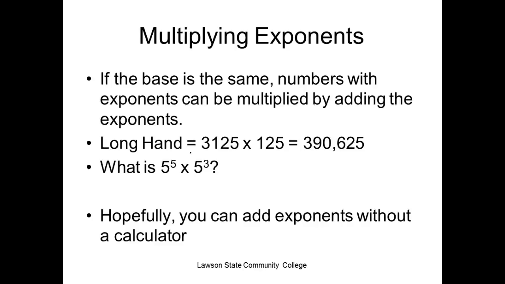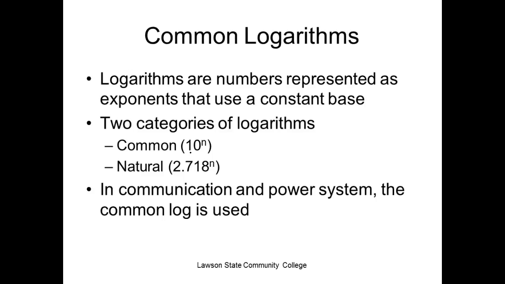And that would give me the same number, right? You understand that? So what's nice about exponents, when I multiply, all I have to do is just add the exponents and then raise my base up to that power. But this only works if the base is the same. Okay. So we come up with exactly the same number. Hopefully you can add exponents without a calculator, because these are usually going to be whole numbers, right?